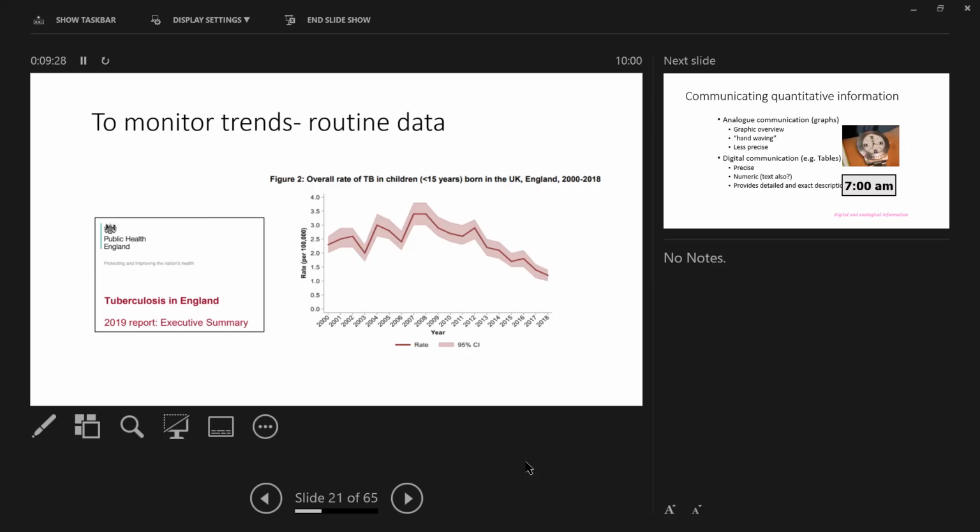But this is the number of new cases in this population every year, right? So again, you don't need statistics to see that the incidence is decreasing over time. Of course, you can do it, but you have to think whether it's worth doing, whether it adds anything to your message.